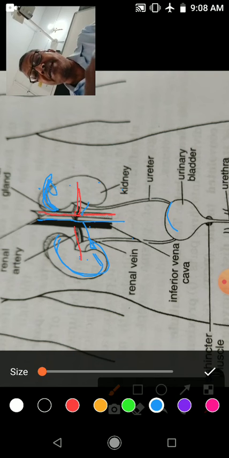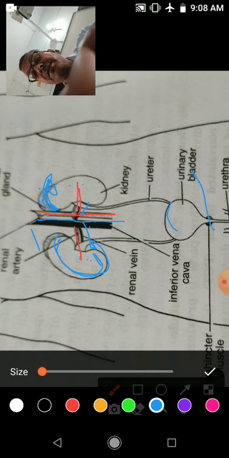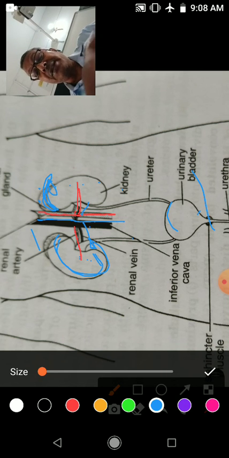There are blood vessels: the abdominal aorta, which supplies oxygenated blood to the kidney, and the inferior vena cava, or posterior vena cava, which carries deoxygenated blood from the kidney to the heart. So this complete structure I told you is the human urinary system.